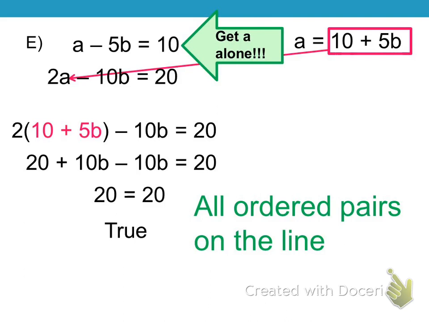If you graph these two lines, you would end up with two lines that are right on top of each other. So basically, any ordered pair that's a solution to one of the equations is also a solution for the other equation. These would be the same line right on top of itself if I graphed. What are your questions?